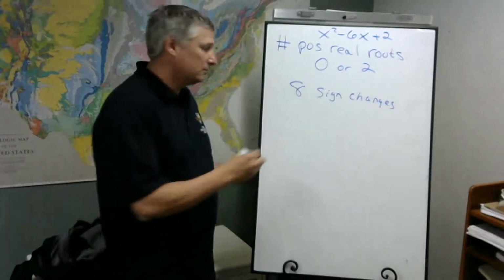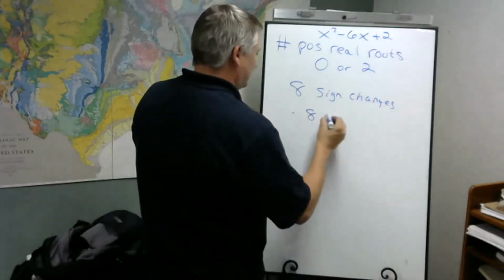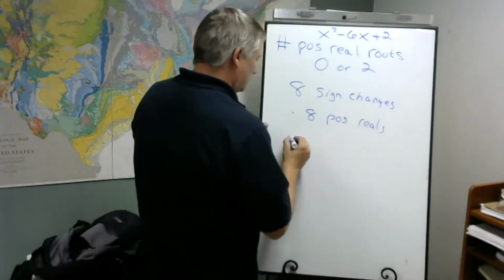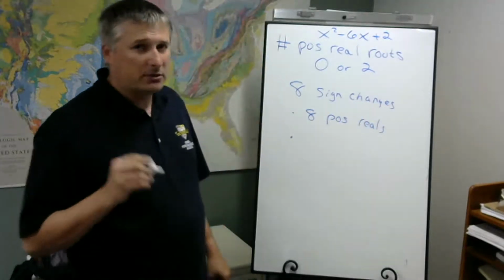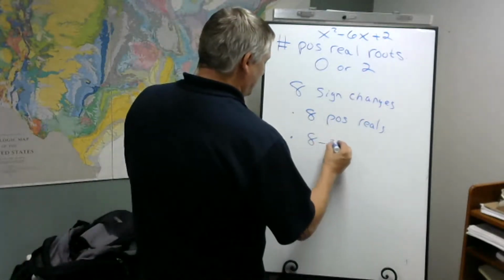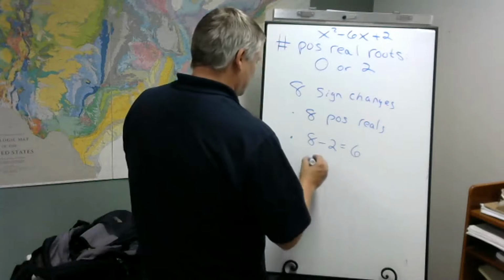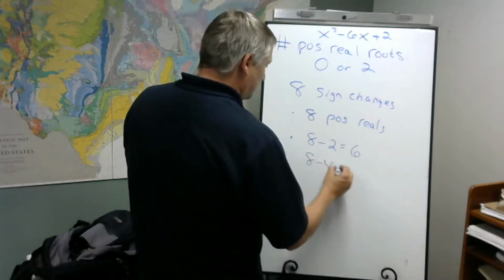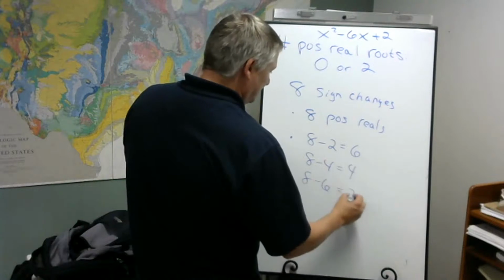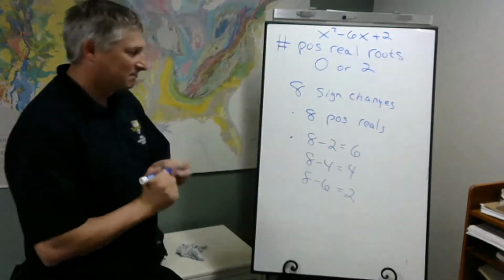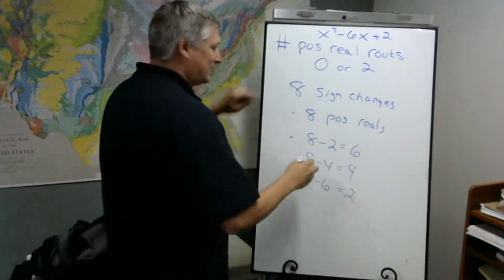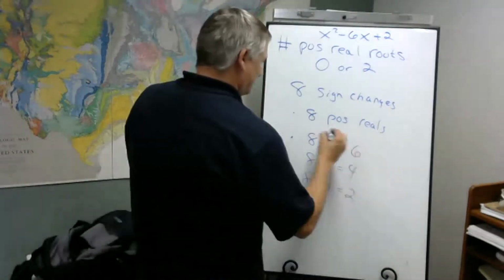Or by the second rule, we could have 8 minus 2 is 6. 8 minus 4 is 4. And 8 minus 6 is 2. In addition to this one.